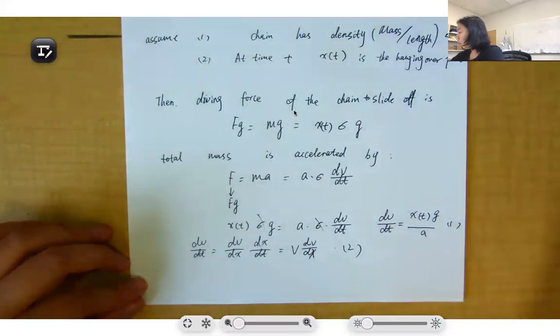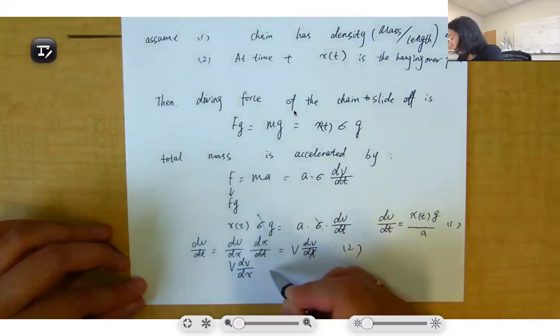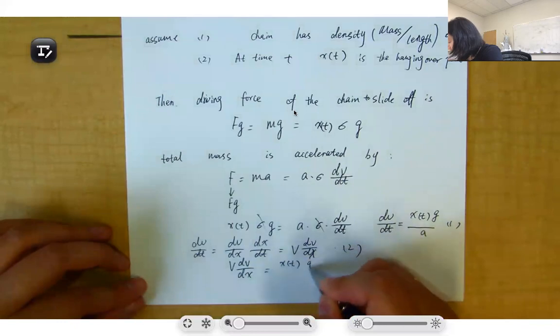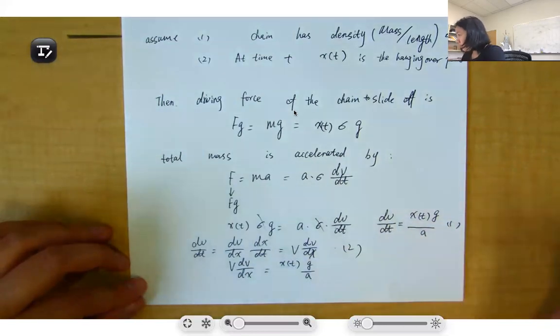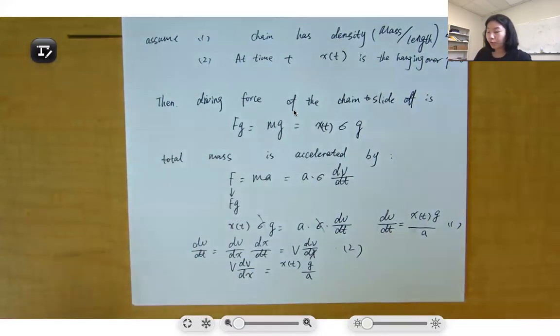So what we can do is v dv over dx will be equal to x(t) g over A. So we can rewrite these equations by just putting all the v terms on the left, all the x terms on the right.